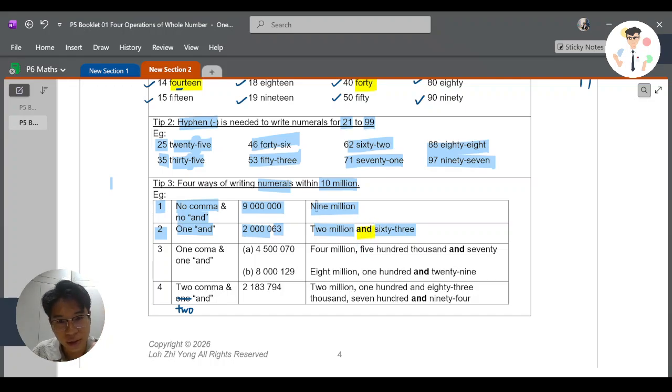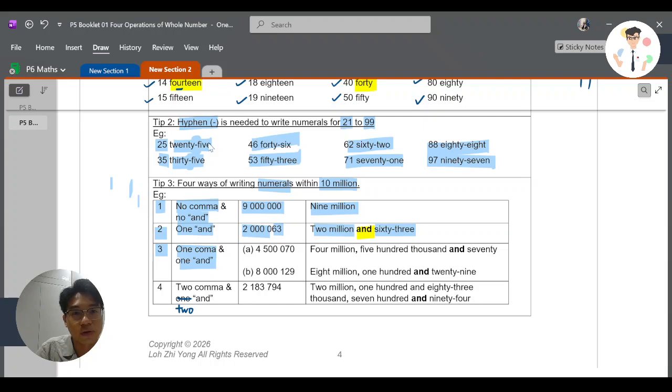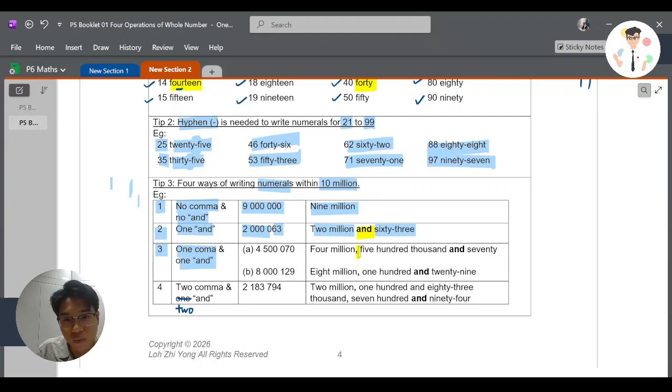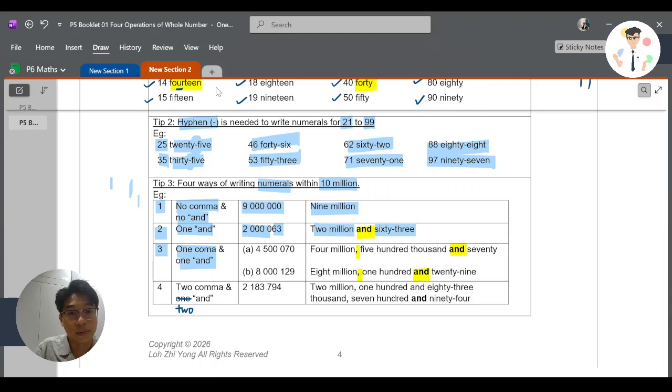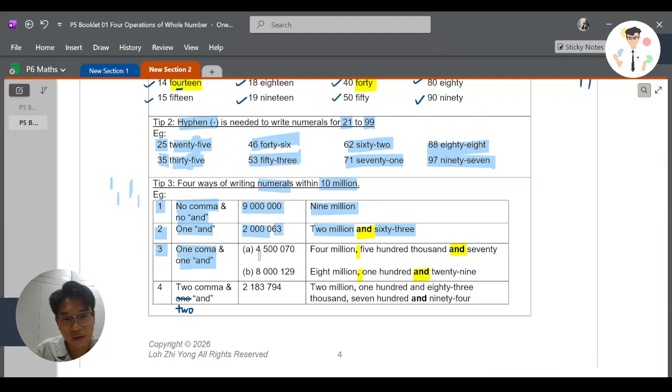But number 3, when things get longer, you need to put more connectors. And in this case, I need 1 comma, 1 "and". So let me just highlight for you, for you to see very clearly. 1 comma, 1 "and". So for example, I have here 4 million.